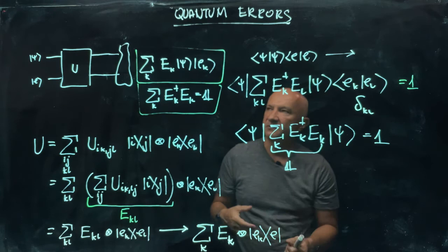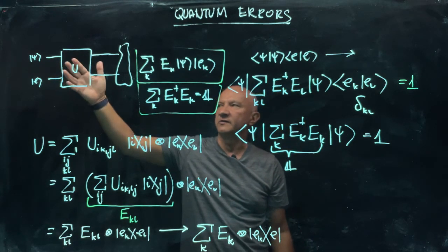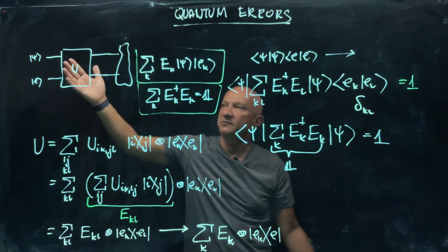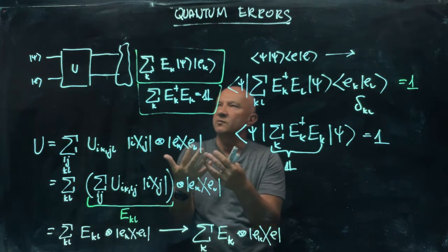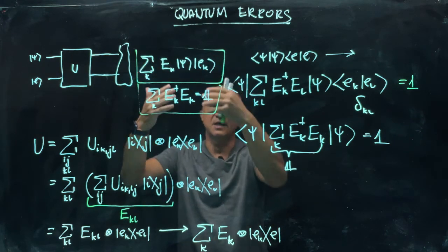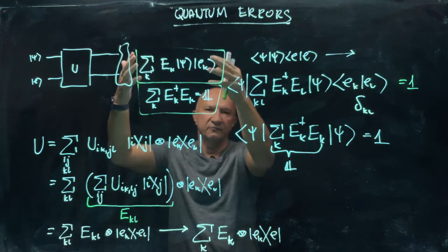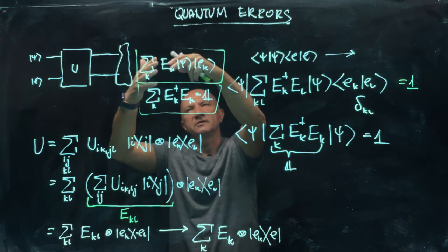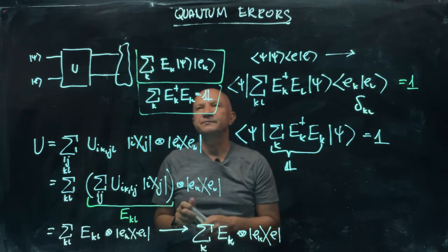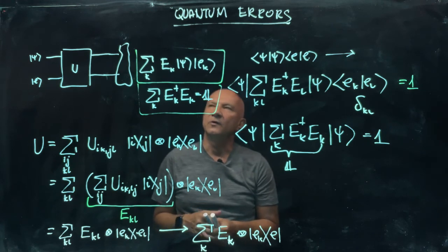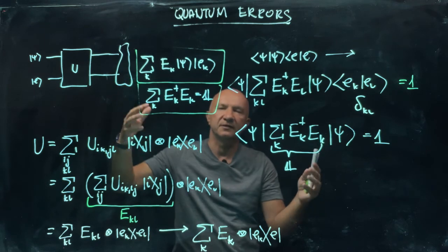So here we have a situation where we start with the initial state of the system in some state psi. We fix the state of the environment. We have a unitary operation, and the resulting state, the output state, can be written in this convenient form. You can think about E_k as quantum errors. Now, one thing you may wonder is that the environment is huge, right?